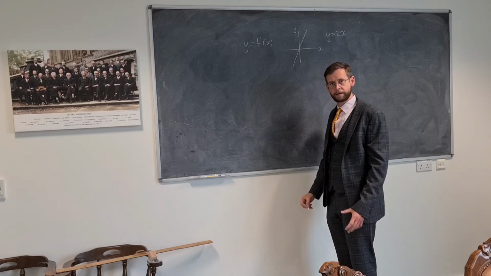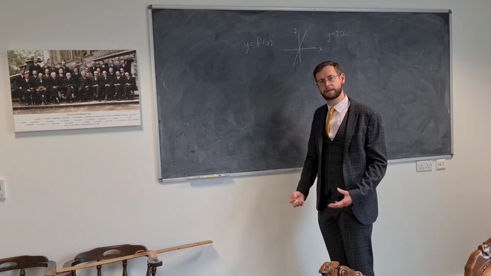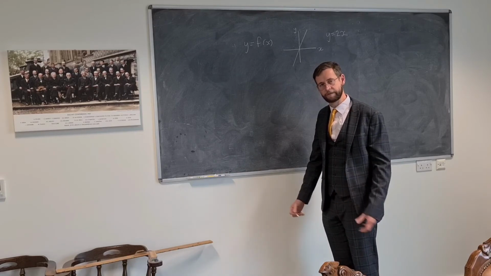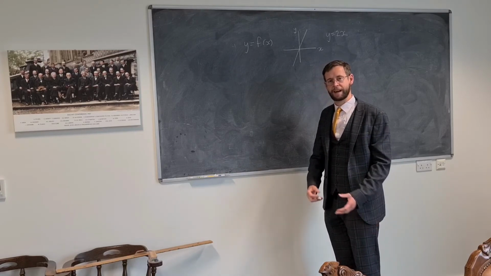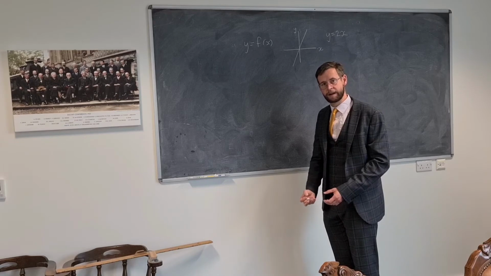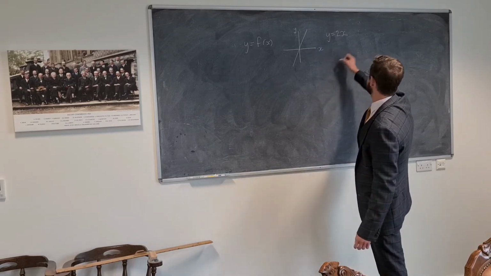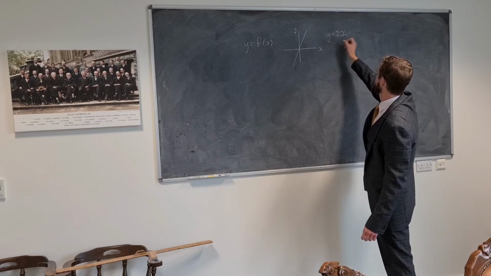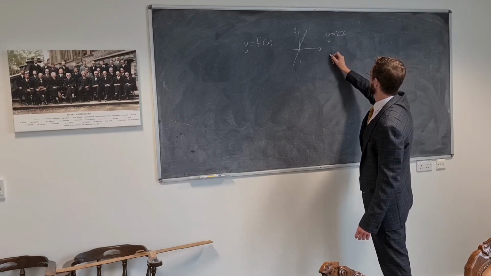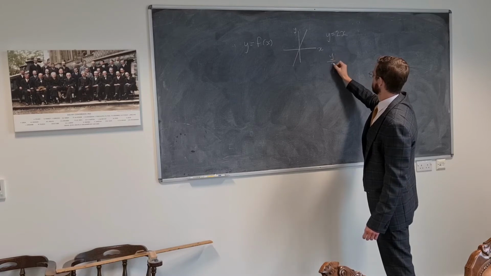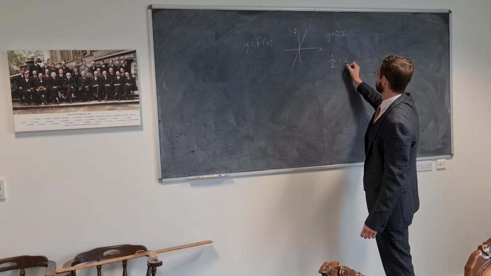Now, in the physical sciences, we know this simply as rearranging the formula to make, in this case, the independent variable subject of the equation. Now, in this particular example, all we would need to do is divide both sides by 2. So we would find that y divided by 2 is equal to x.